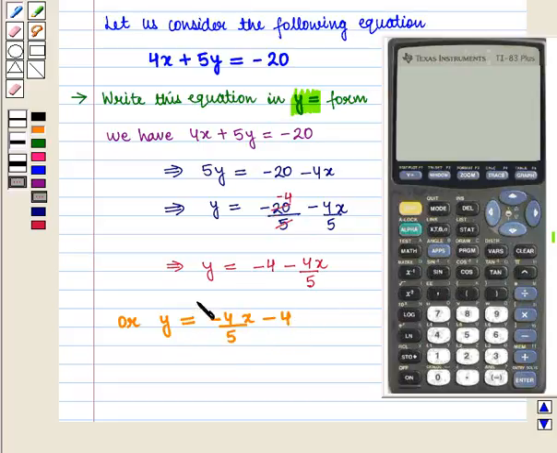Now we shall construct its table of values on the TI-83 Plus calculator.